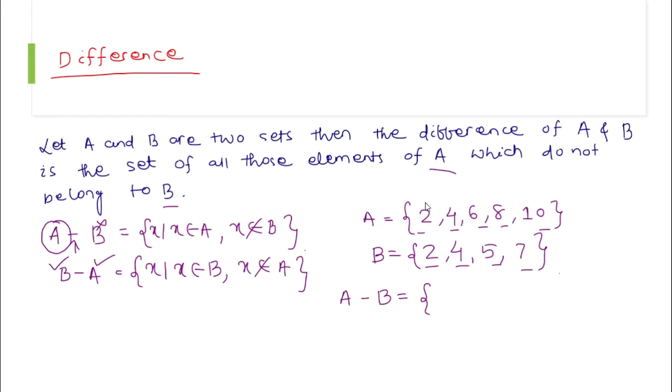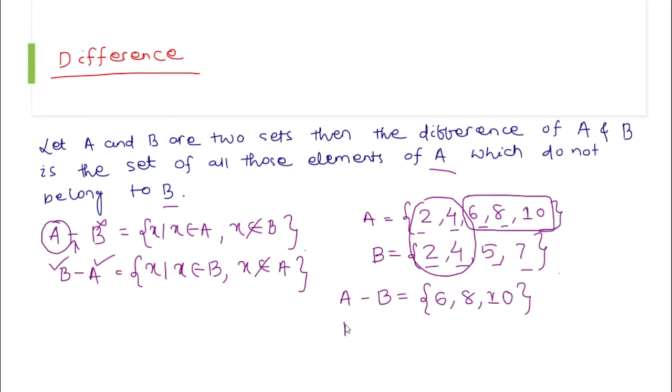We can clearly see 2 and 4 are the common elements between A and B. But the extra elements present in set A but not in set B are 6, 8 and 10. Hence A minus B will be the set of elements 6, 8 and 10.